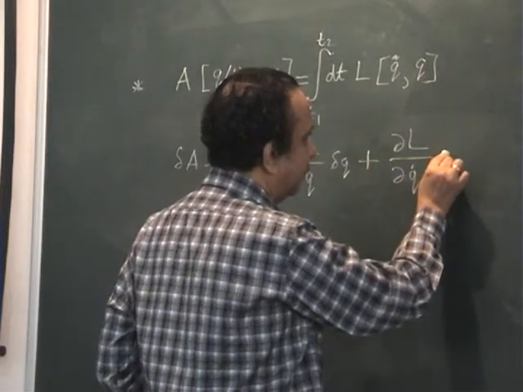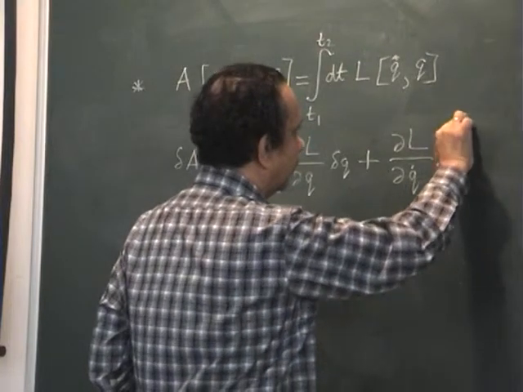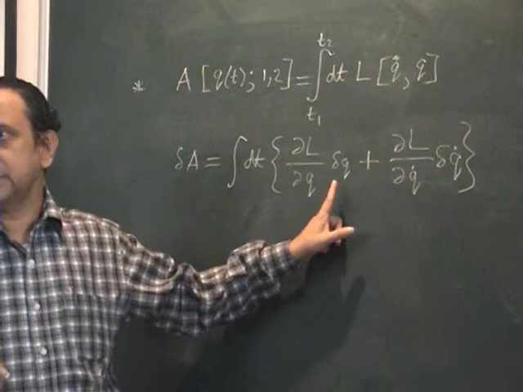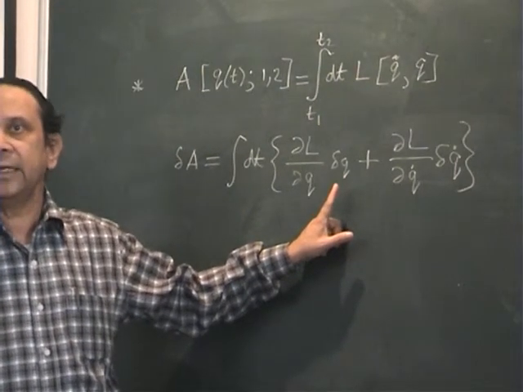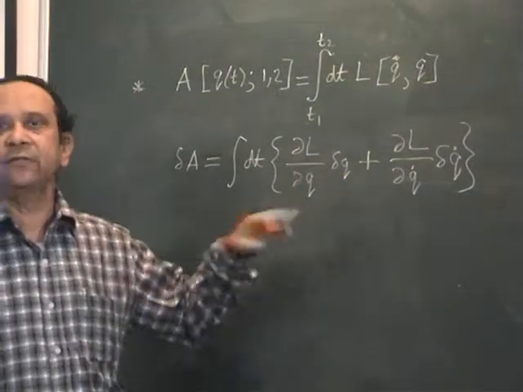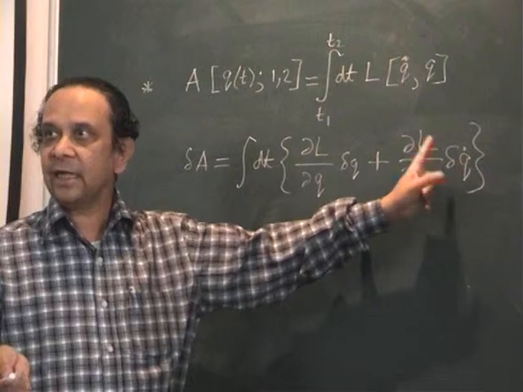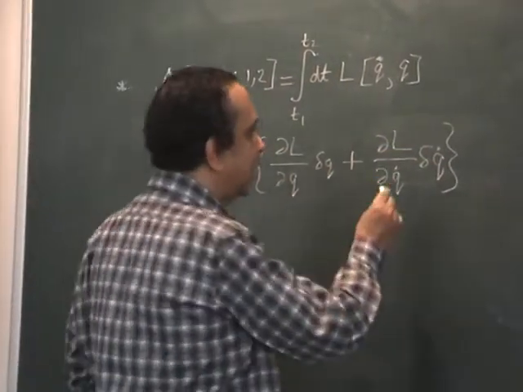Let me first write it as delta q dot. And then let us remember the definition of delta q. A function q is changed to q of t plus a delta q of t. Delta q is a function of t. Therefore, d by dt of that and delta commute, and I can take that out.